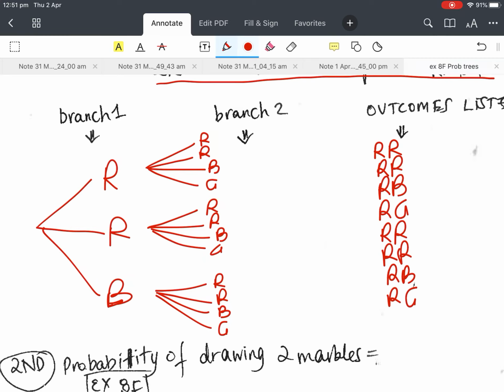And then I've got BR, I'm just going to write over here because I'm running out of room, BR again, BB and BG. Normally, hopefully, if you had room, you'd write them all one under the other so you can see it. So hopefully you can now see I've got 1, 2, 3, 4, 5, 6, 7, 8, 9, 10, I've got 12 outcomes in total.